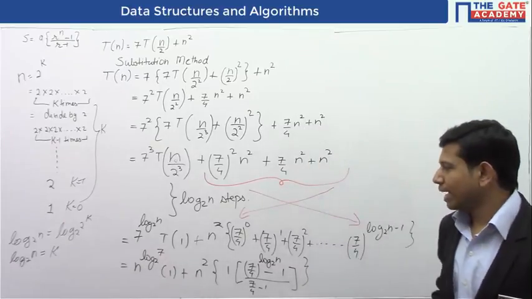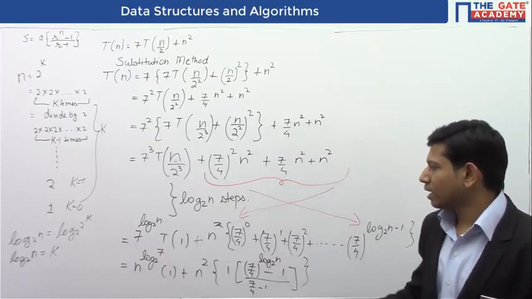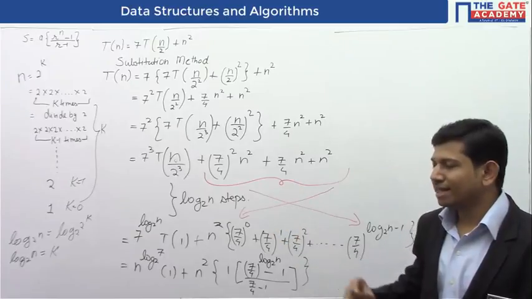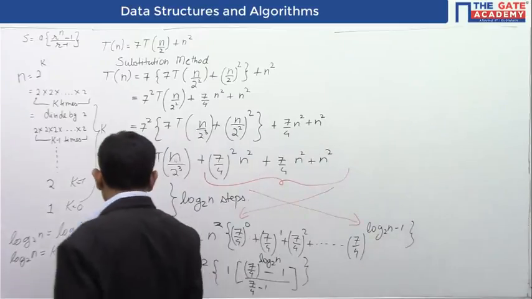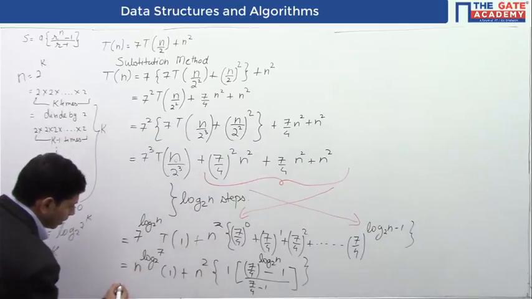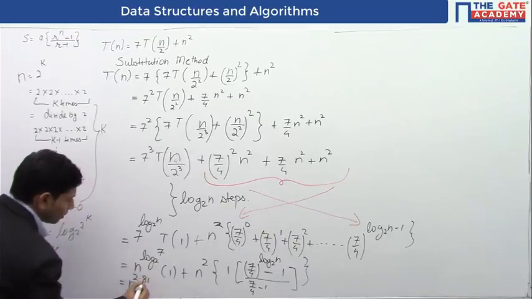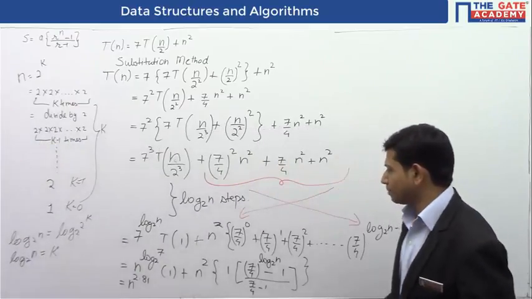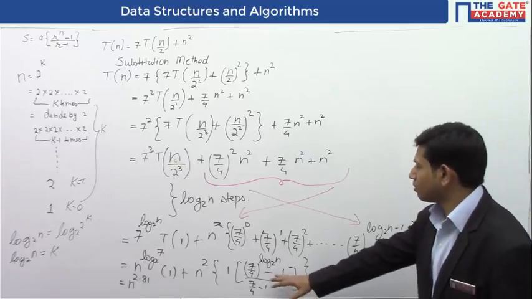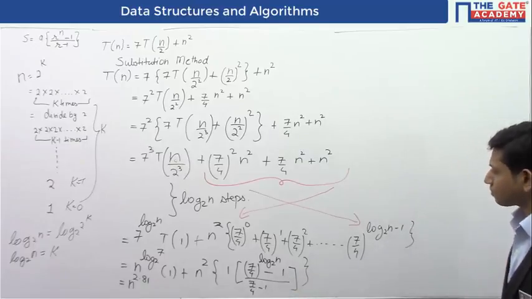When you calculate it, you will find that log of 7 base 2 is equal to 2.81. So this term becomes n raised to the power 2.81. Now let's find out the sum of this series.